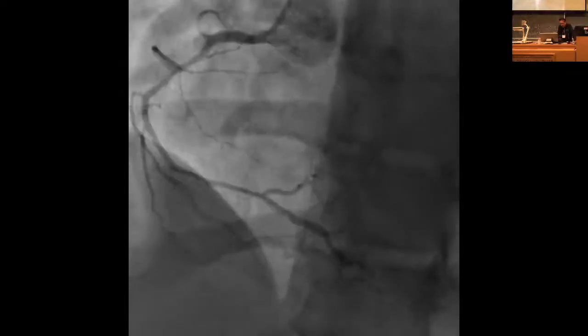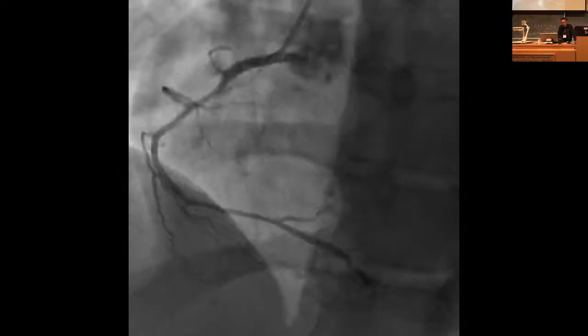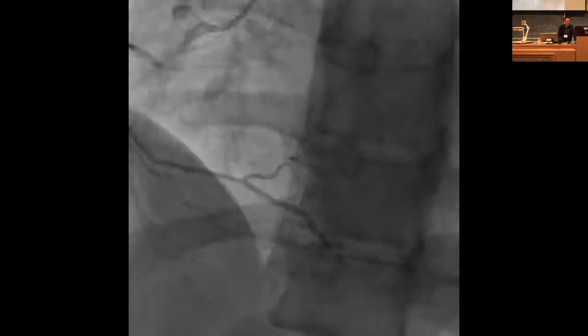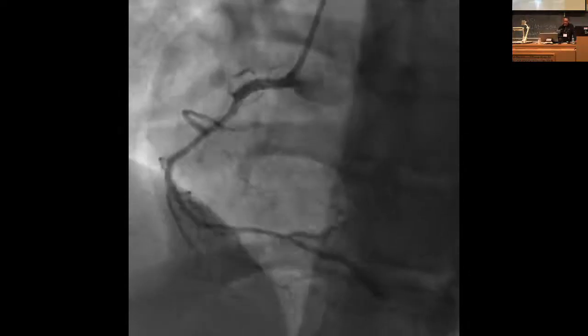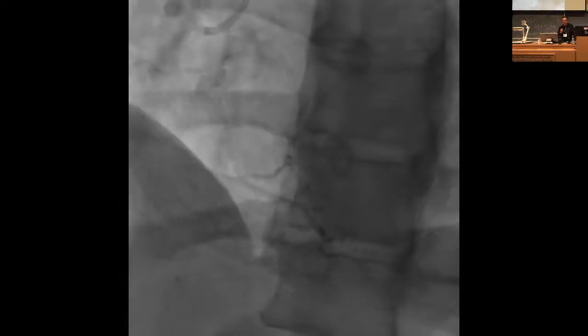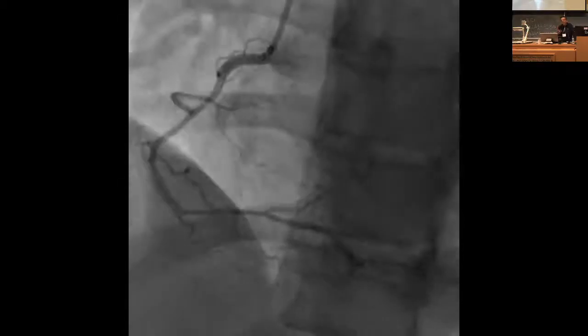So intracoronary imaging, you've seen a lot of pretty pictures, but I want to show you one case. This was done, I think, 5-6 years ago, and I must admit that I didn't do this case.